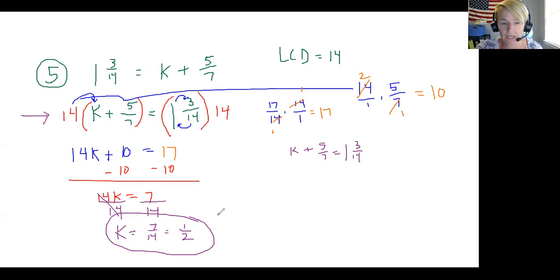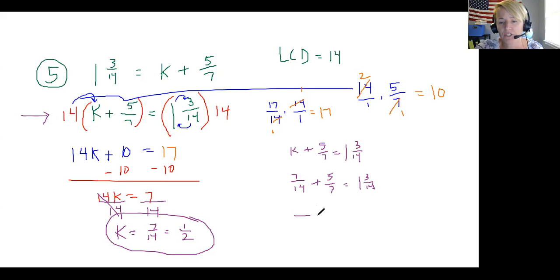So I'm going to drop in 7 over 14 for k because it's going to be easier. Plus 5/7 equals 1 and 3/14. And I actually could get real frisky right here and say it's 17 over 14 if I want to, and I might do that in the next step just to make it easier for myself.